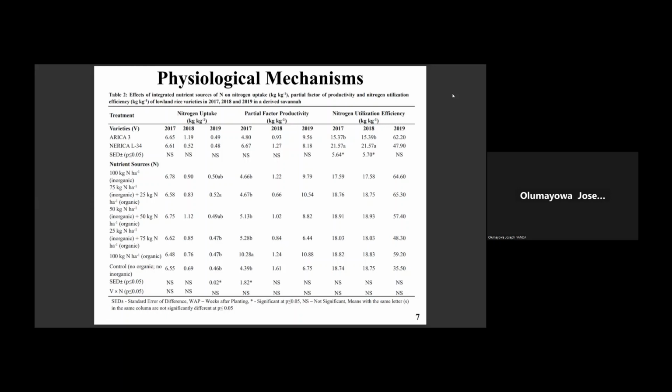This implies that the slow releasing ability of the organic manure, which is the poultry manure applied, and the optimum utilization uptake of the inorganic fertilizer enhances the nitrogen uptake, ensuring that there is productivity for the rice crop that was cultivated in the year 2017.